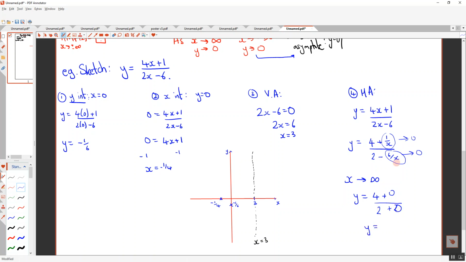As x gets really large, both these bits go towards 0, and I'm just left with 4 over 2, which is 2. Does it matter if it's positive or negative infinity? No, it doesn't. So my other asymptote is at y equals 2, which is going to go like that.